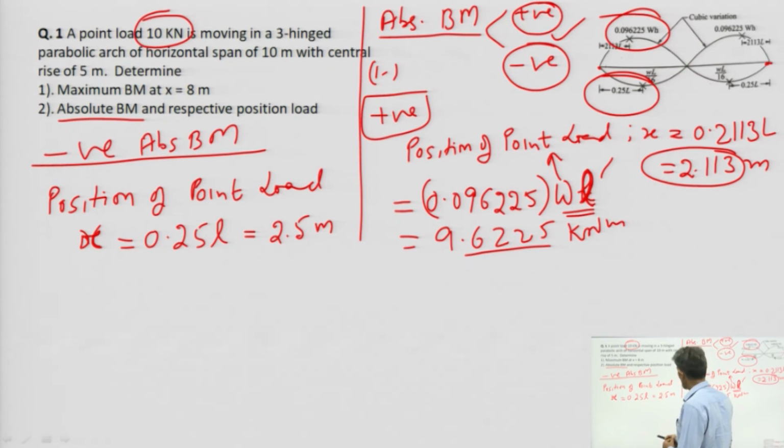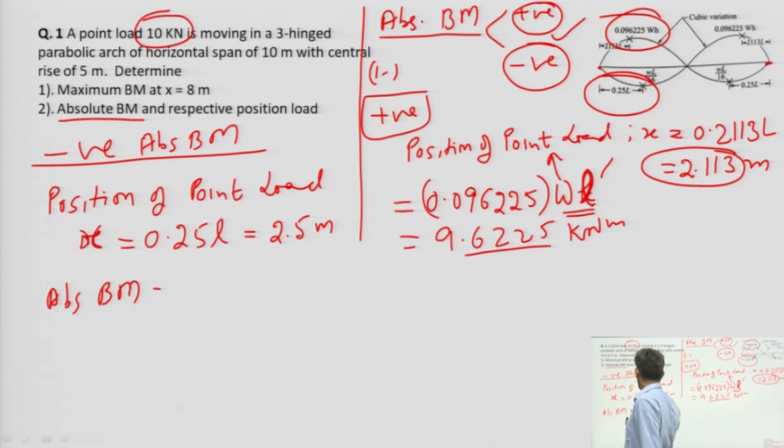2.5 meter. And the value of the absolute bending moment is WL by 16.